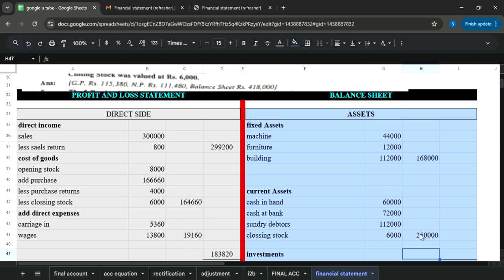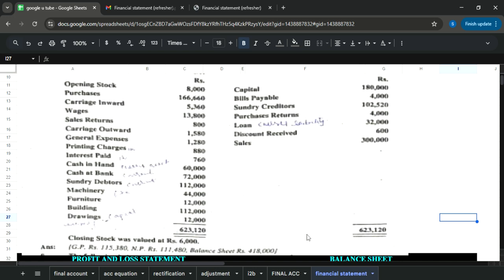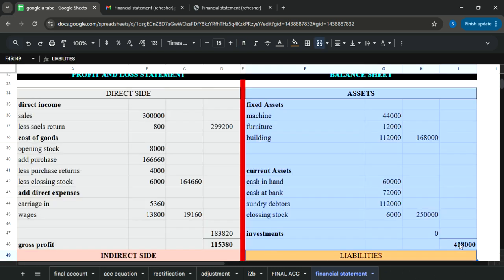Investment is not present, you may put 0. And finally we can calculate total of asset side, where fixed asset plus current asset, investment is not present, so we have got, look at here, total of balance sheet 418,000. So balance sheet we have got 418,000. Upper side is completed.